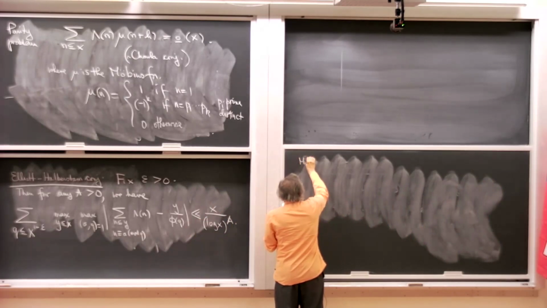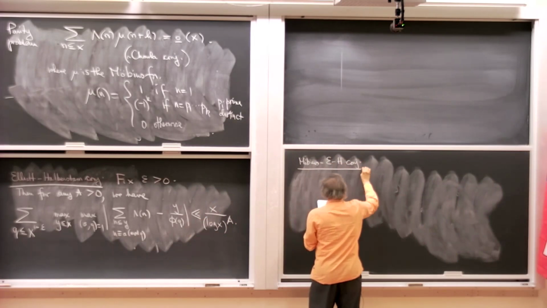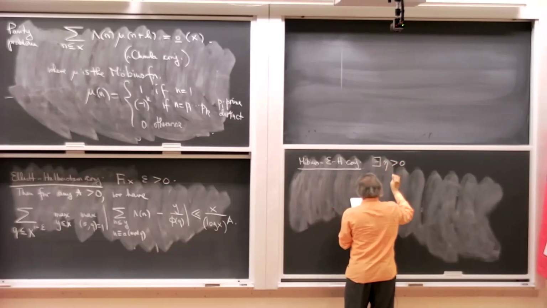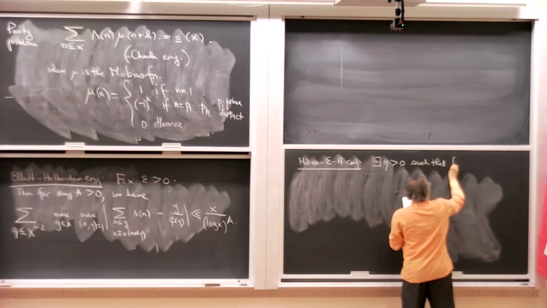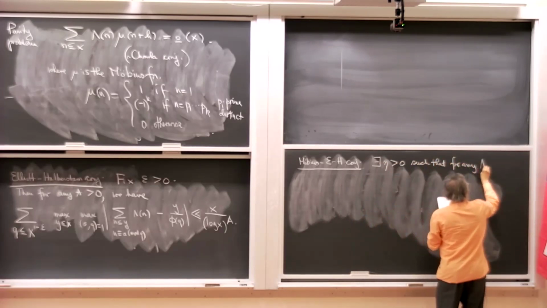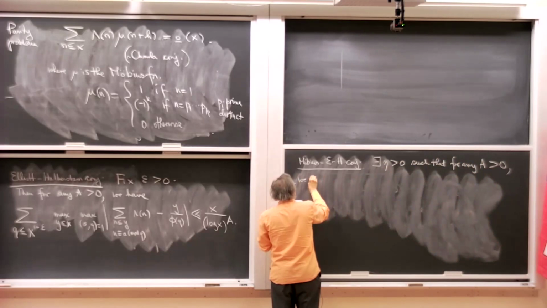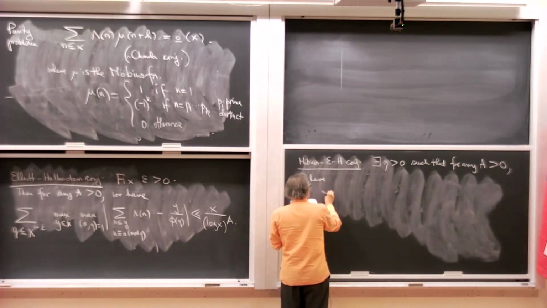The Mobius Elliot-Halberstam conjecture is: there exists an eta positive such that for any A we have the summation over q less than or equal to x to the eta, max.